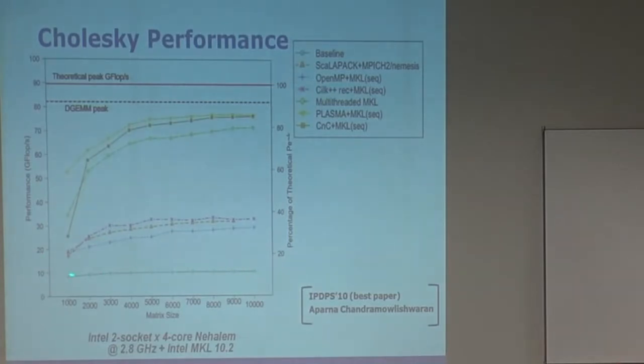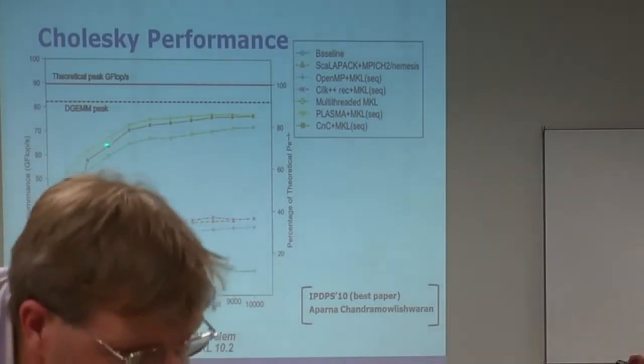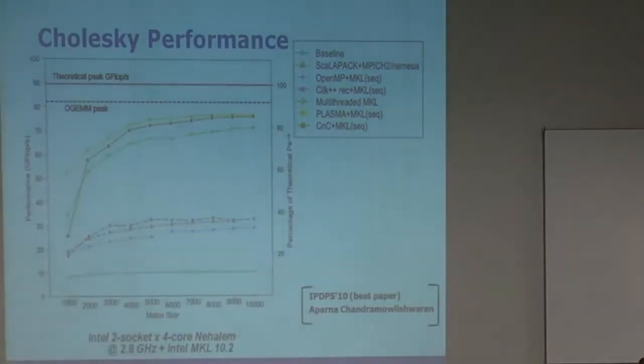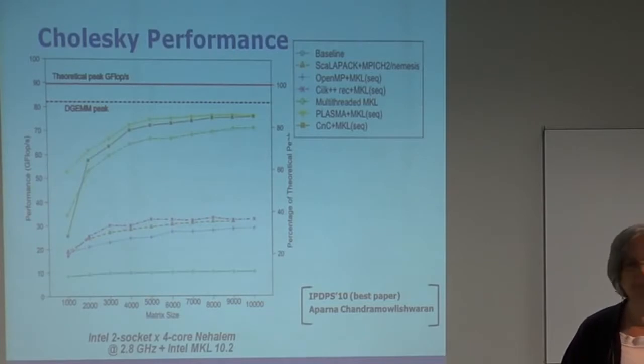This is the serial performance. These three are Cilk, OpenMP, and ScaLAPACK down here. And up here, CnC is this one, the red one here. And that's up there with multi-threaded MKL and PLASMA. PLASMA is being done at Oak Ridge. You probably know about PLASMA.